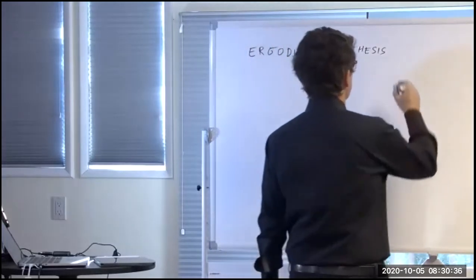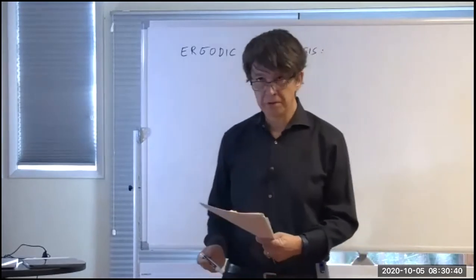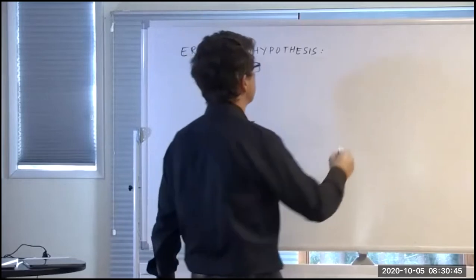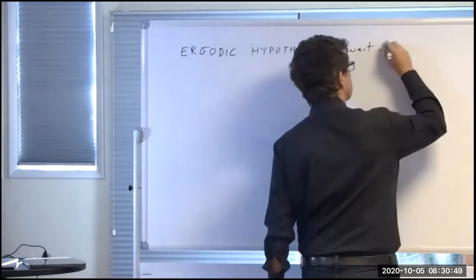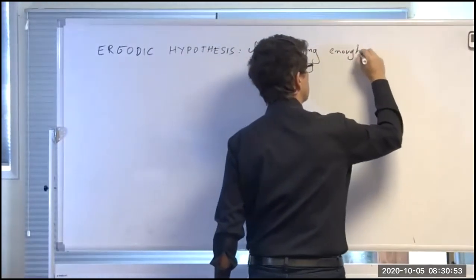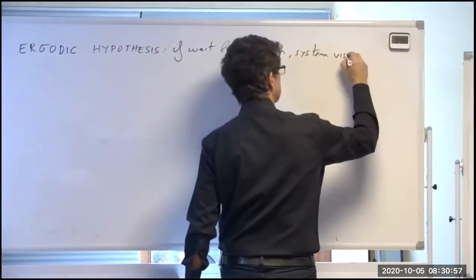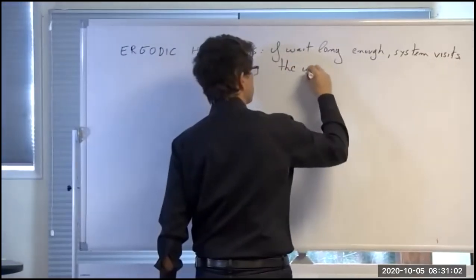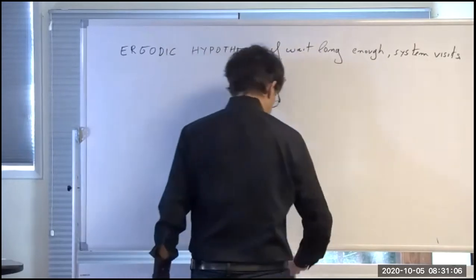And the ergodic hypothesis basically states that if you wait long enough, a system will visit its whole ensemble. I really should say, to be more accurate, every state in the ensemble.